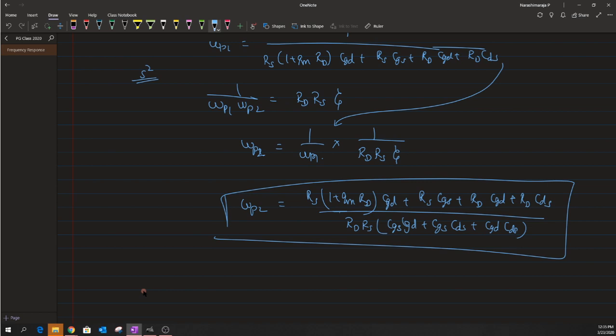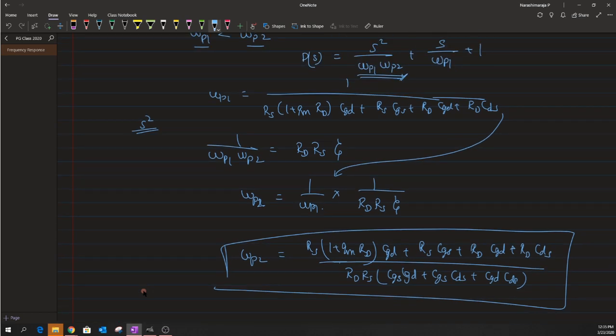Now, as you are able to see, this expression is completely different from what we got when we used Miller's method. In the case of Miller's method, we wrote down the value of omega g as something like 1 by Rs into CGD into 1 plus gm RD, plus CGS.